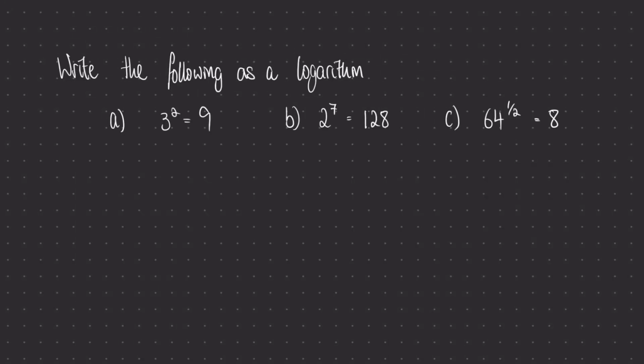Let's look at this example where we're going to rewrite some expressions in terms of logarithms. So for this first question, we can see that the base of this exponent that's happening on the left-hand side is 3. So we know that applying log to the base 3 of both sides will remove that 3 and leave us with the 2. So we can see that log to the base 3 of 9 is just 2.